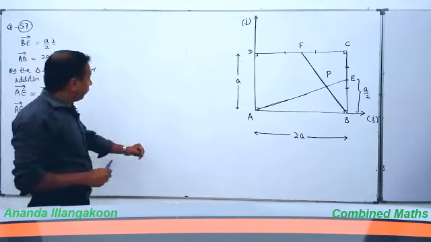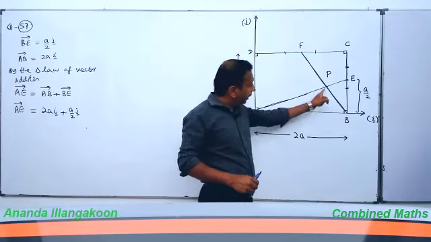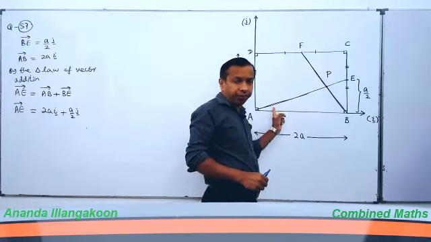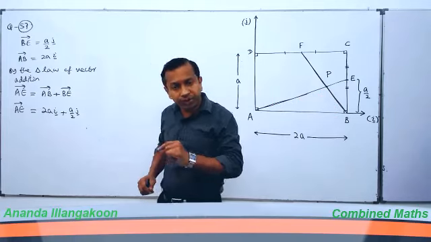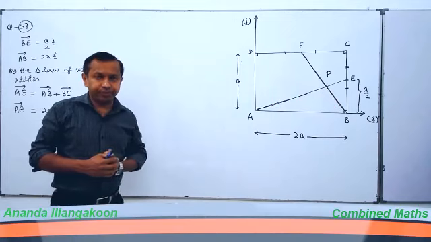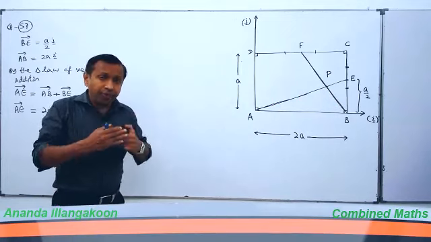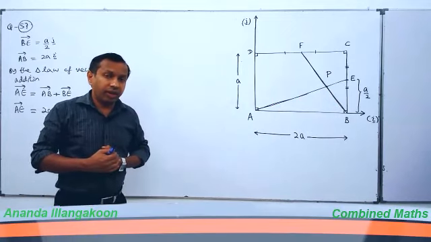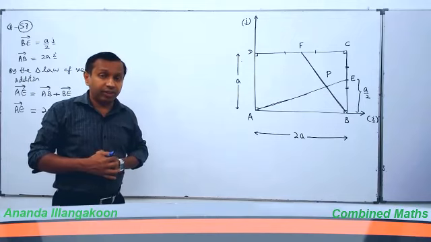But people, you know, this AP vector and AE vector are on the same line. This AP vector is the shorter vector. Then this AP vector we can write as a multiple of AE vector.